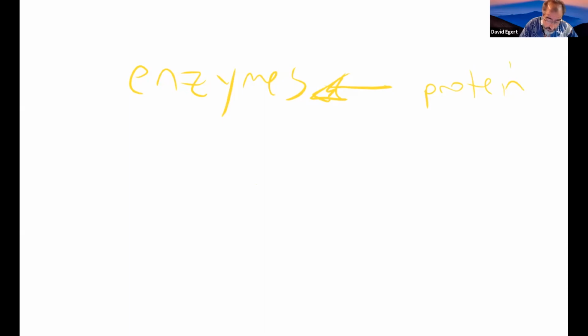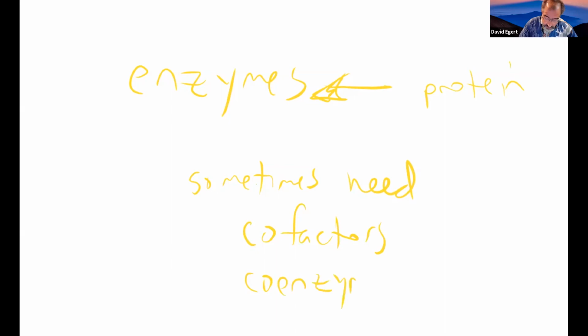So sometimes they need these things called cofactors, coenzymes. These are things that you usually get from your diet.